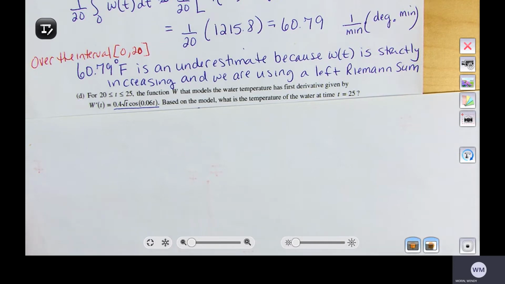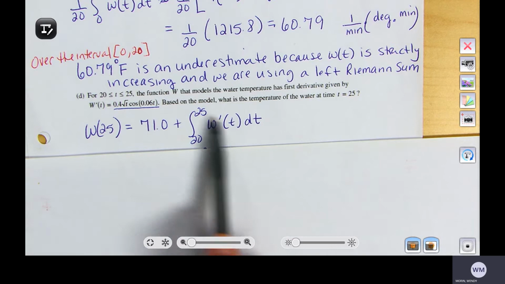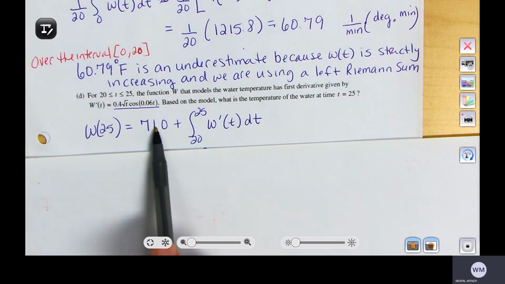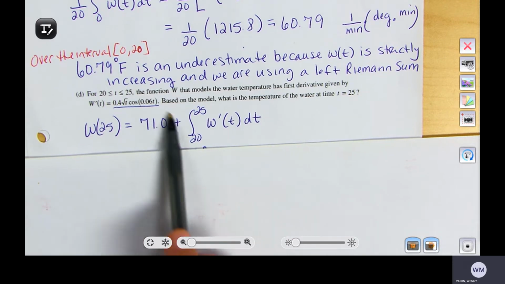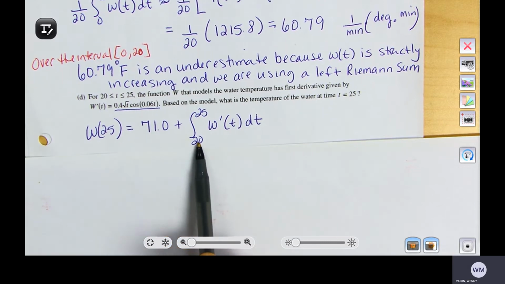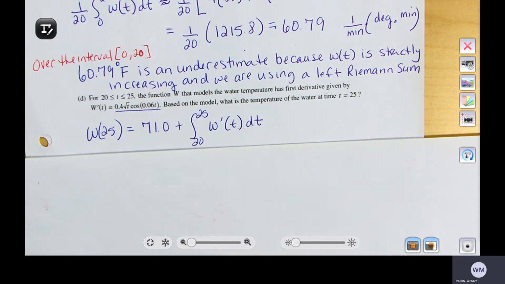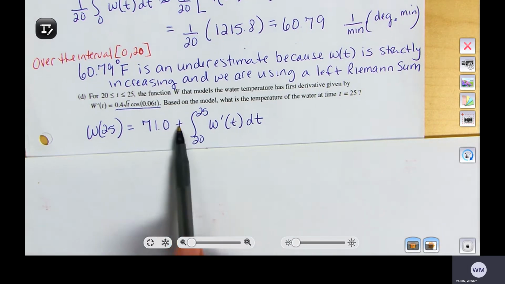And this is where that net change theorem comes into play that we talked about yesterday. The net change theorem here. Your initial condition, you have to use your initial amount at 20 minutes. And then when you integrate 20 to 25, that will give you your amount from 20 to 25. So that one's kind of a tricky one. And again, this is something we discussed with the net change theorem.